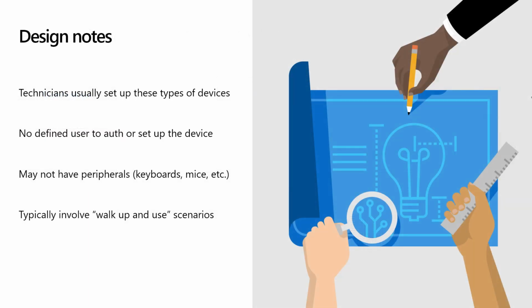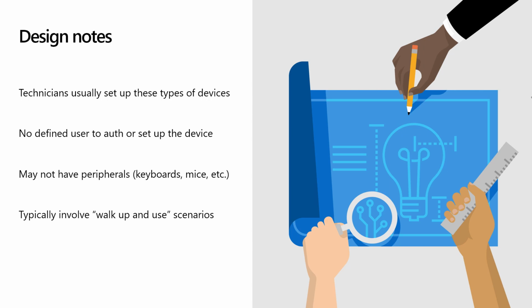So, design notes on why this scenario was designed. When you need to set up devices like kiosks, for example, when you do not have a specific user, when you do not have a keyboard and you cannot provide the credentials, right? So no keyboard, no credentials. And the walk-up-and-use scenario.